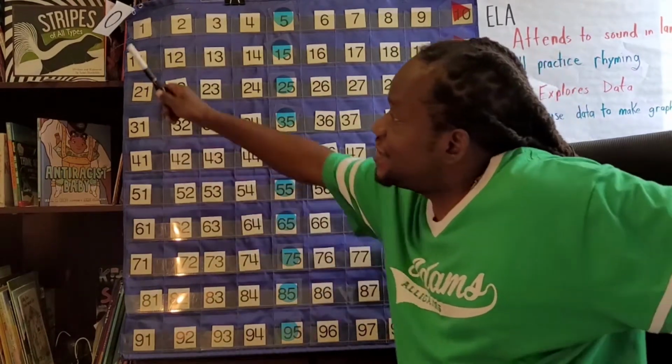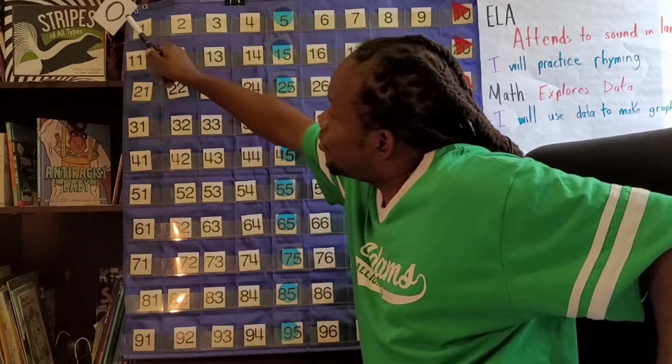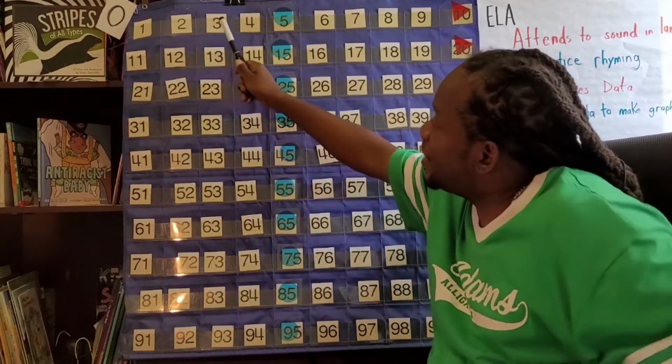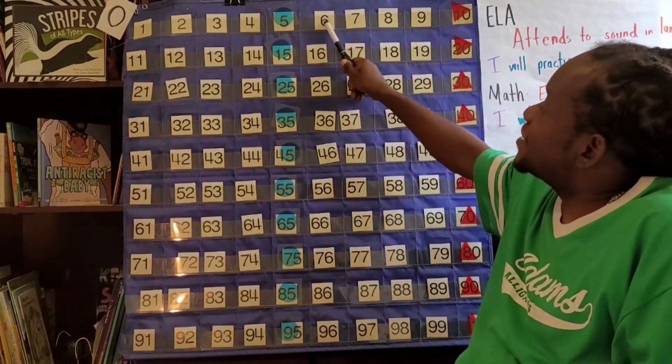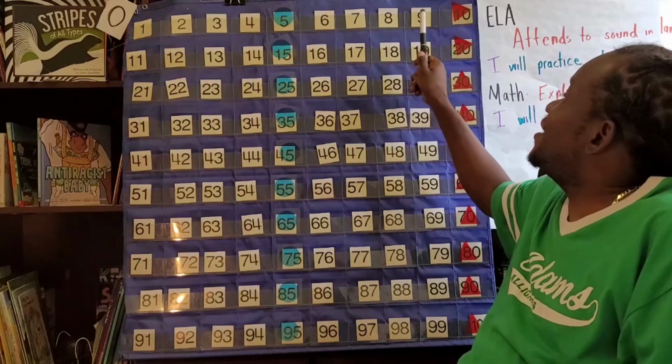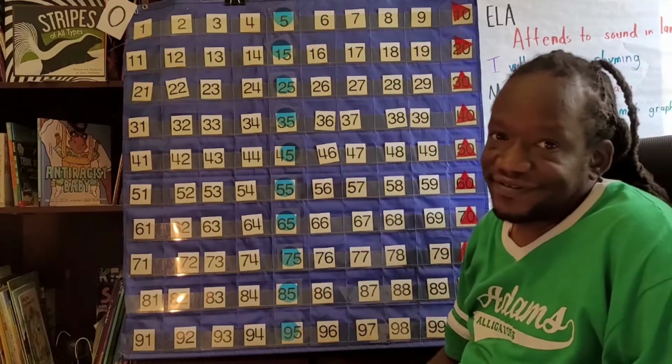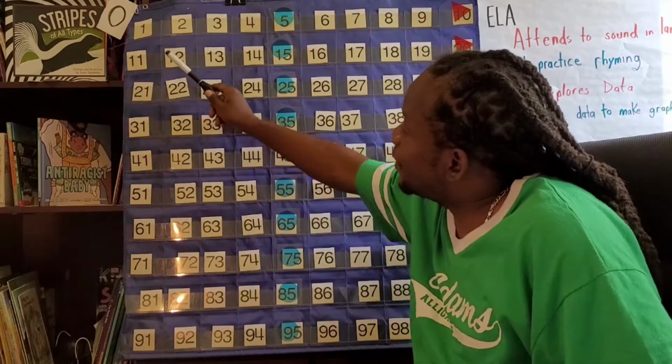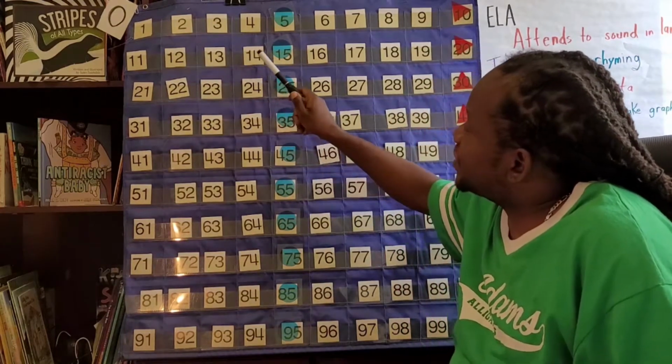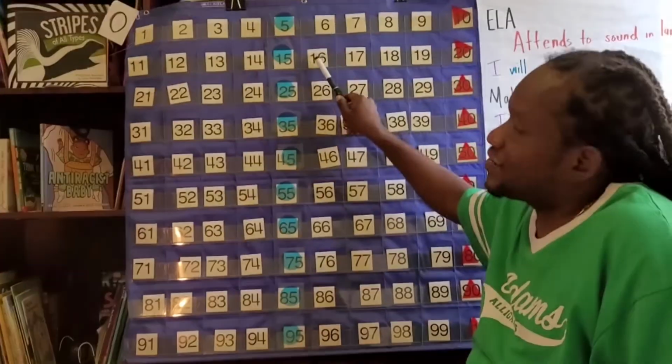All right, you all warmed up? Let's go. 0, 1, 2, 3, 4, 5, 6, 7, 8, 9, 10, 11, 12, 13, 14, 15, 16. Yeah, I'm counting too fast.